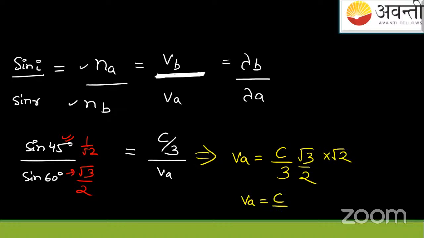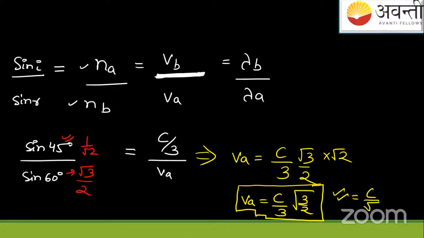This is equal to root 3 by 2. VA is equal to C by 3 root 2. You can solve this better in this manner: this will give you the value C by root 6.